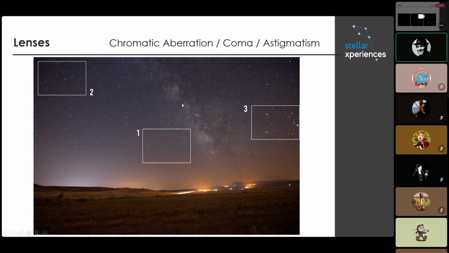Here we are looking at a picture, and we will see some different parts of the picture and review it in terms of chromatic aberration, coma, and astigmatism. That's how you can test your lenses, or you can, of course, look for reviews from other people.